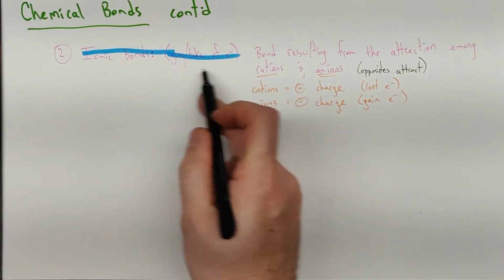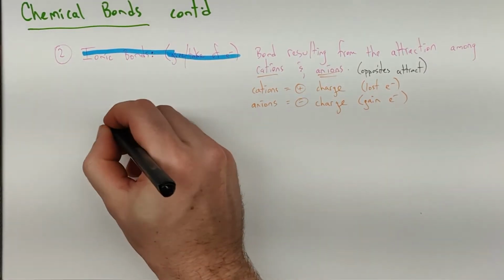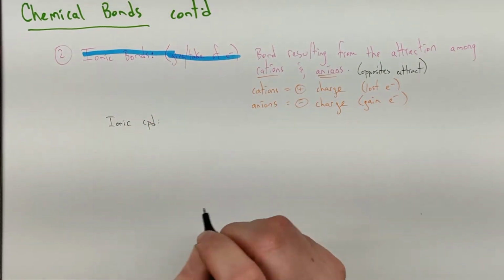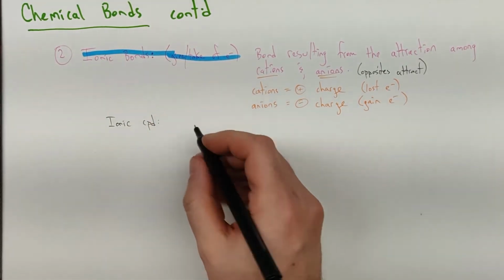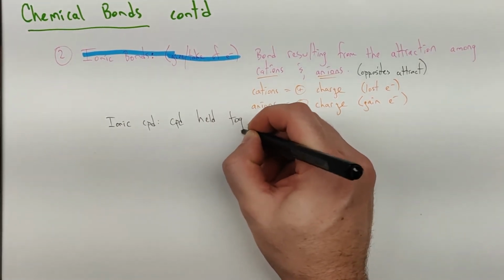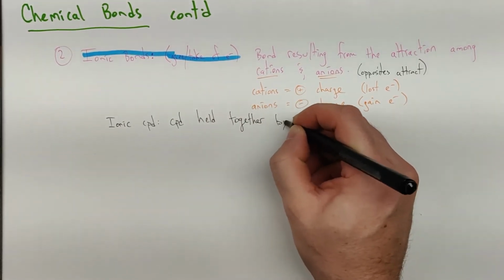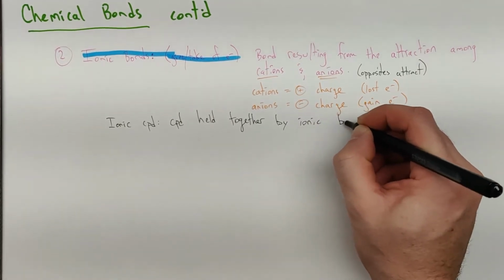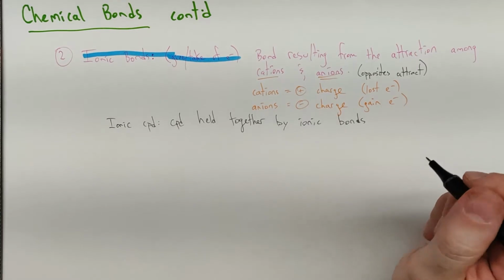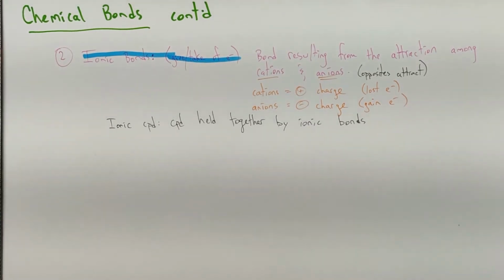All right, so what is an ionic compound? It's a compound held together by ionic bonds. All right. We don't have a molecule. We have what is called a crystal lattice. All right.